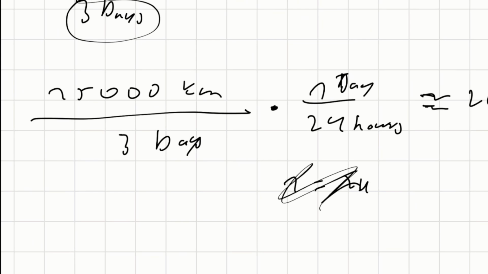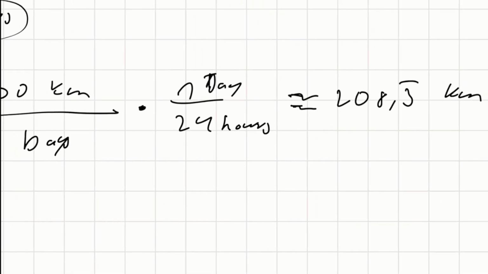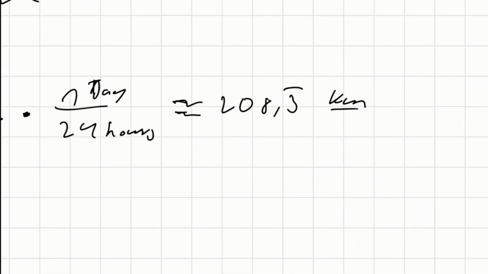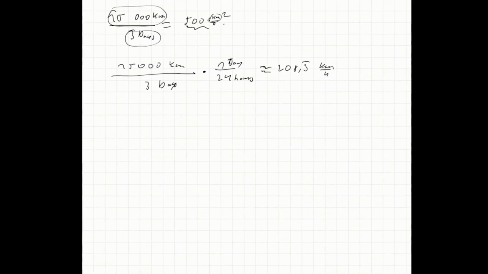What we then get is 208.3 kilometers per hour, which is much nicer to work with. Okay, so I think this is the basic understanding for speed.